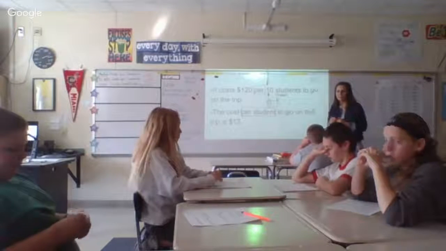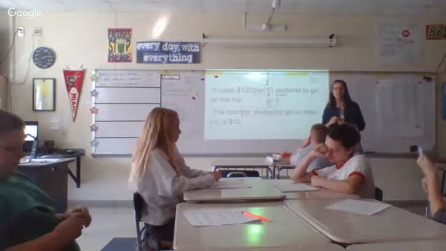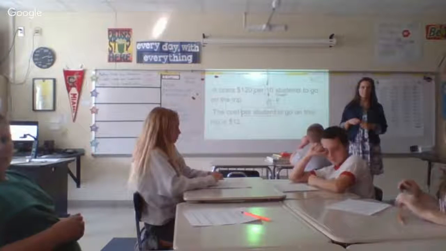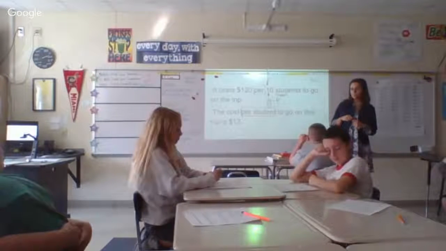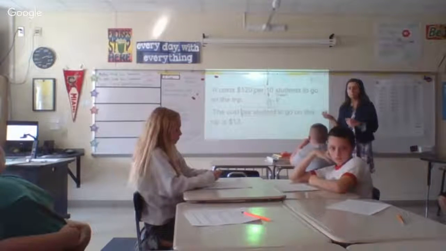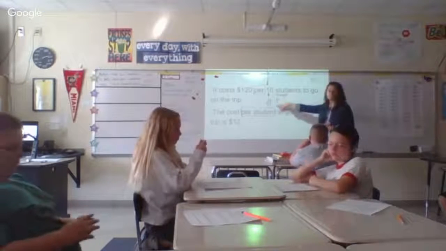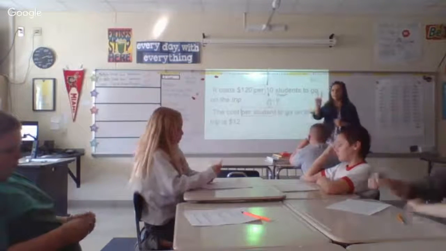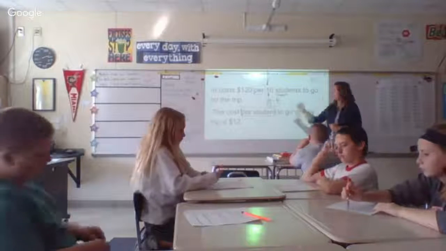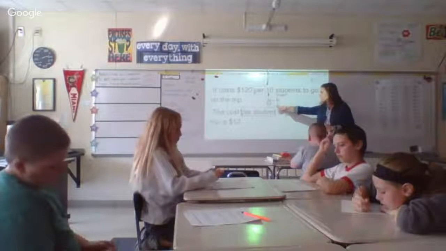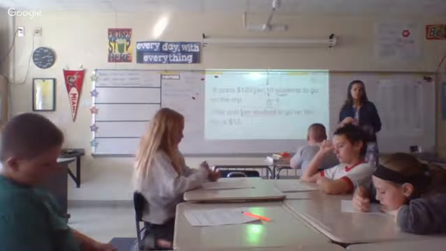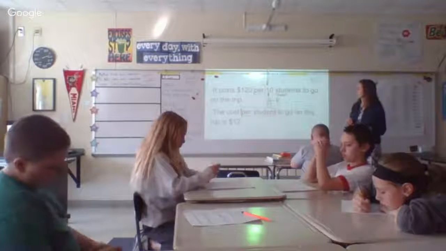Anyone want to help them out? I think I know where you're going with this, Jamie. The most simplified. The most simplified meaning that I have one student. One of my things I'm comparing, or the two, is a unit of one, and the other tells me how much it costs for that one student. Very good.